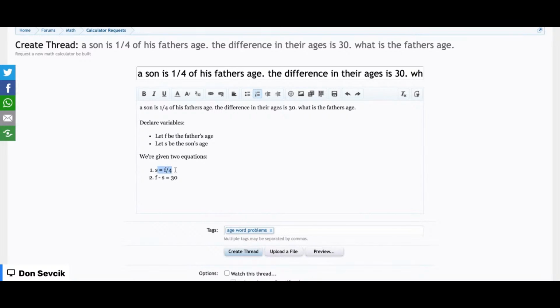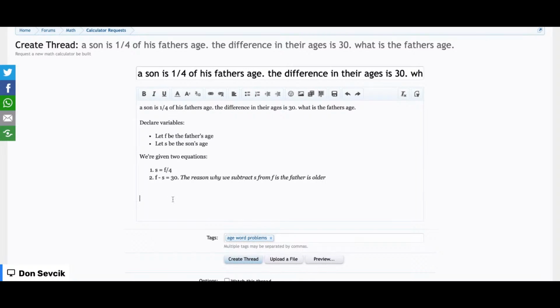The reason why we subtract S from F is the father is older. So that's key.